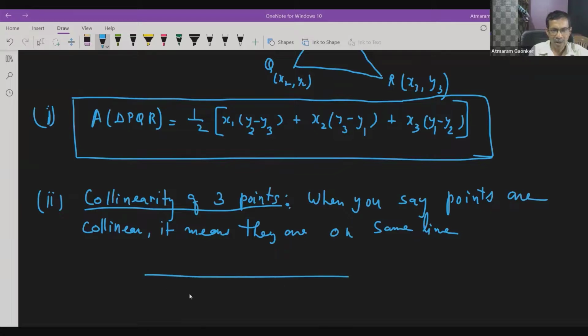If 3 points are there, one is P, another one is Q, another one is R, and P is x1 comma y1, Q is x2 comma y2, and R is x3 comma y3. If these 3 points are there, then what is the area of these 3 points? Can you tell me?